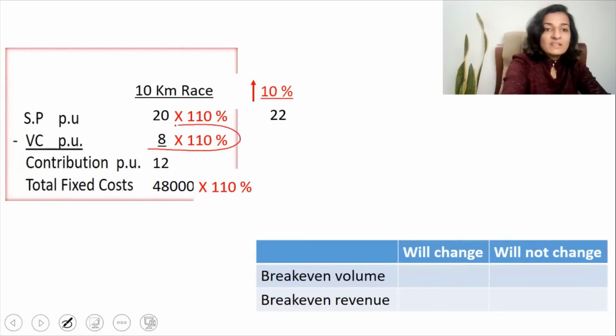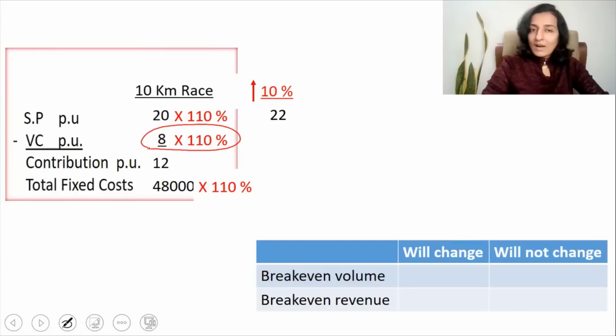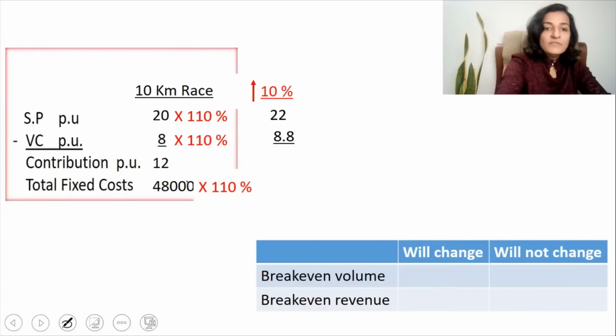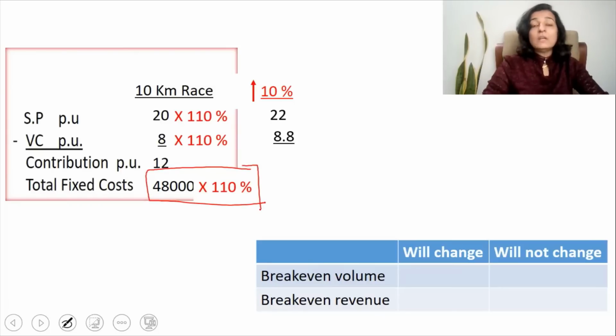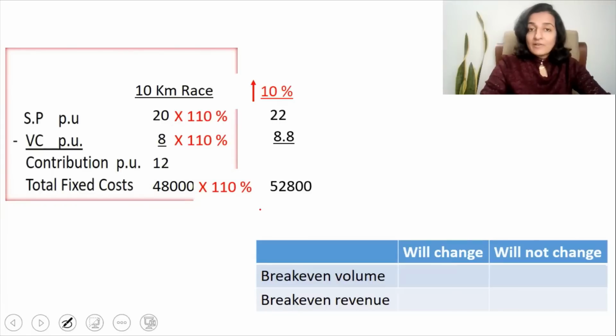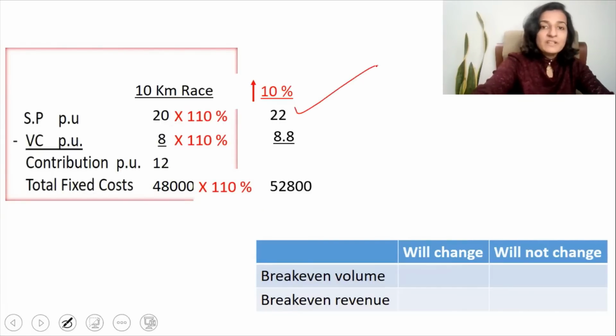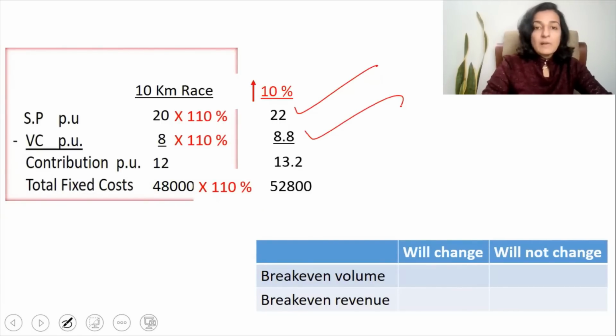Now variable cost, it is $8 multiplied by 110%, which gives an amount of $8.8. And total fixed cost, if it increases by 10%, it's 48,000 into 110%, which gives an amount of 52,800. And the revised contribution will be selling price minus variable cost, which gives an amount of $13.2.